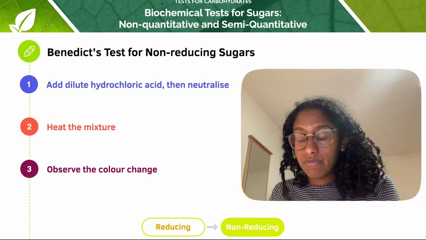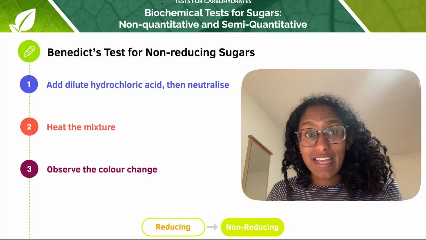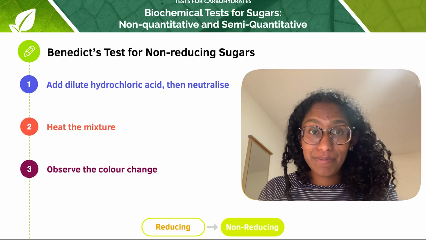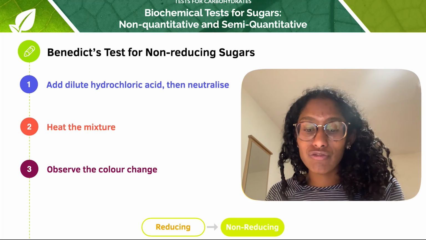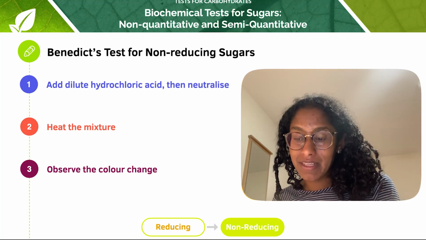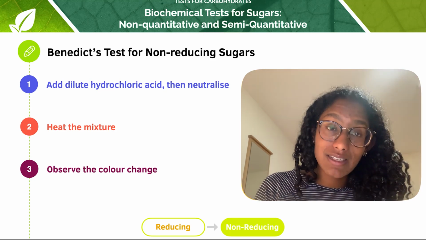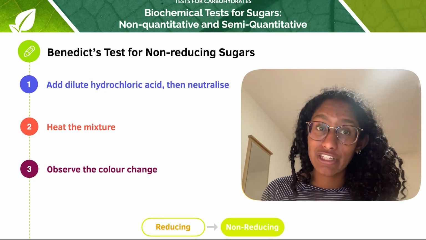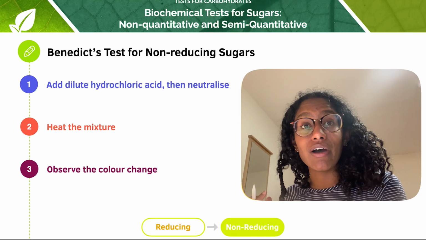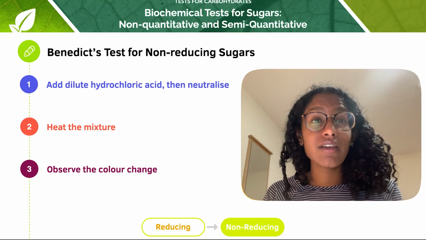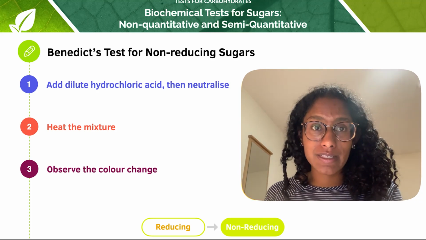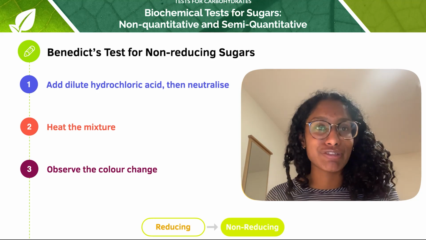And remember, with the colour change, what are we going to get? We're going to get an orange-red precipitate because the copper 2+ ions of our Benedict's solution are being reduced by our reducing sugars to copper 1+ ions, which form this orange-red precipitate.